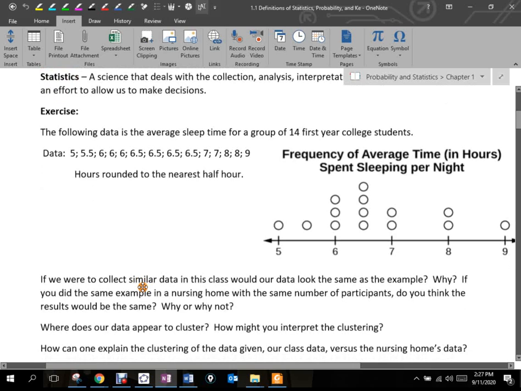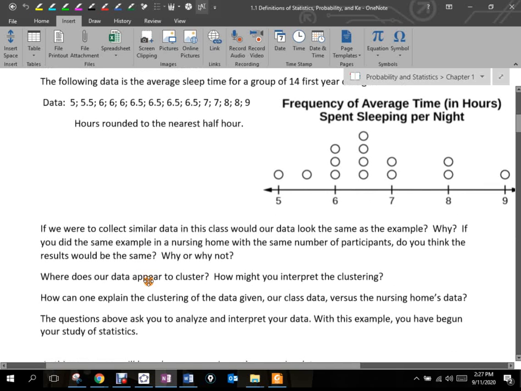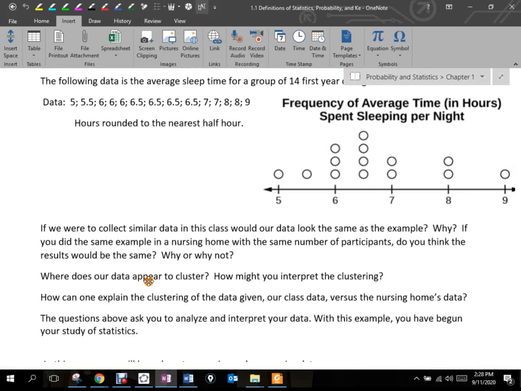But if we look at this exercise here, all it says is, we've got these 14 people that we've got data from and how many hours they spend sleeping a night, and we just plot their data points. The questions down here at the bottom, we'll run through. I won't read these verbatim. But it basically asks us, what can we interpret from that data? What is the clustering of that data?